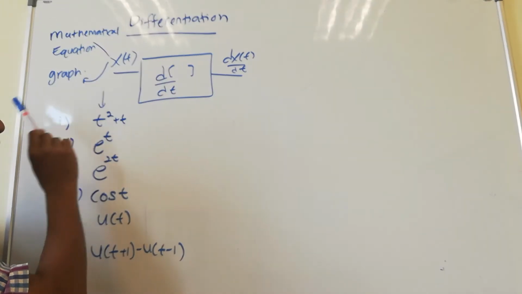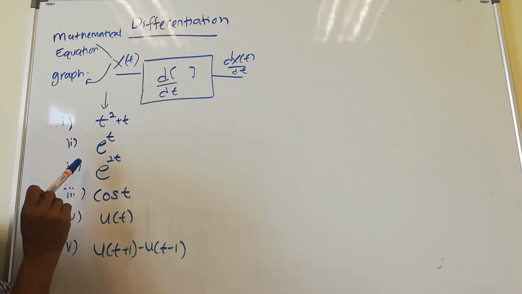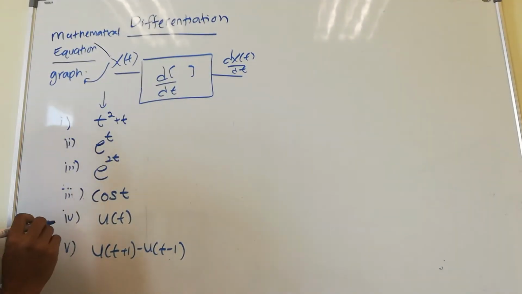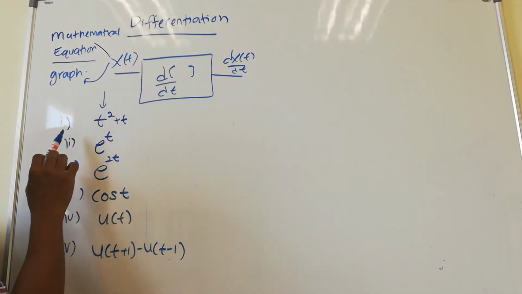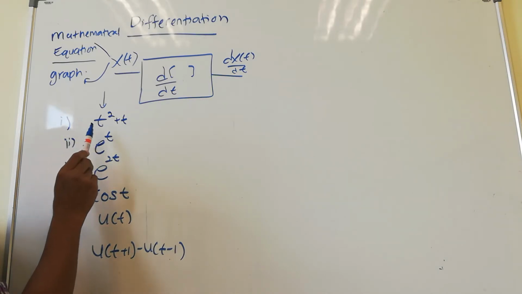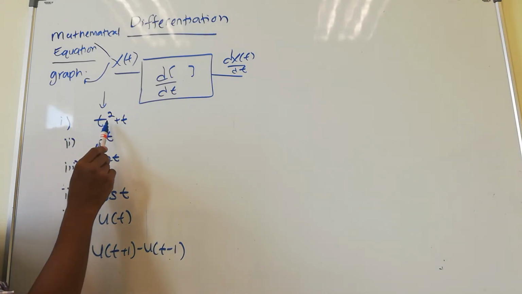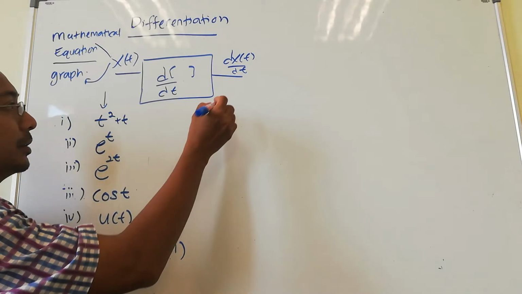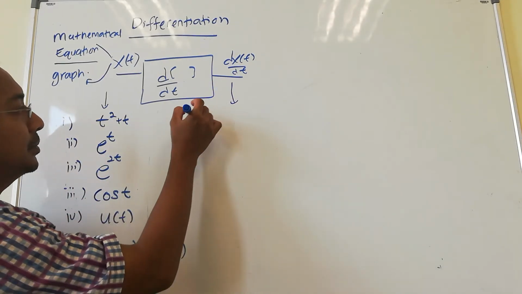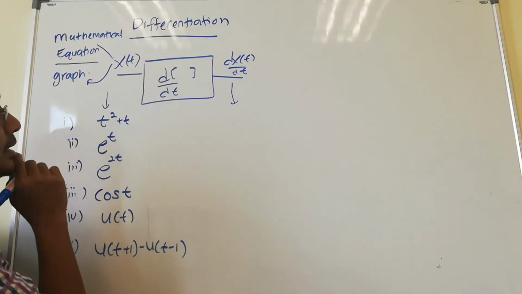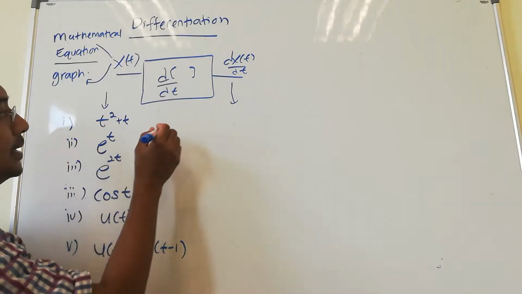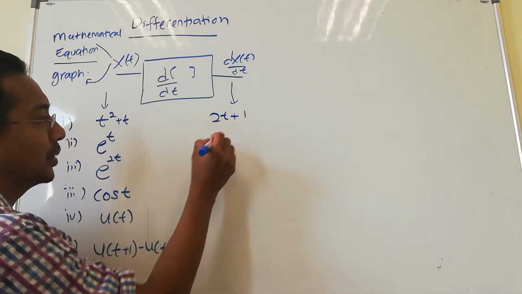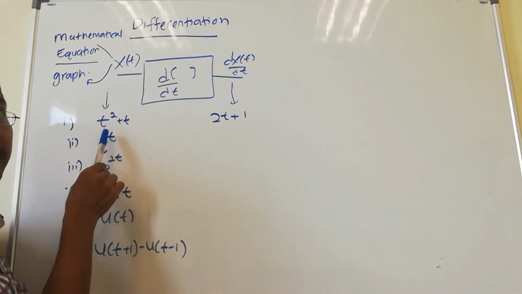First, we look into the mathematical equation approach. For example, for the first question, we have x(t) equal to t^2 + t. The output of this system is 2t + 1, where we differentiate this function.